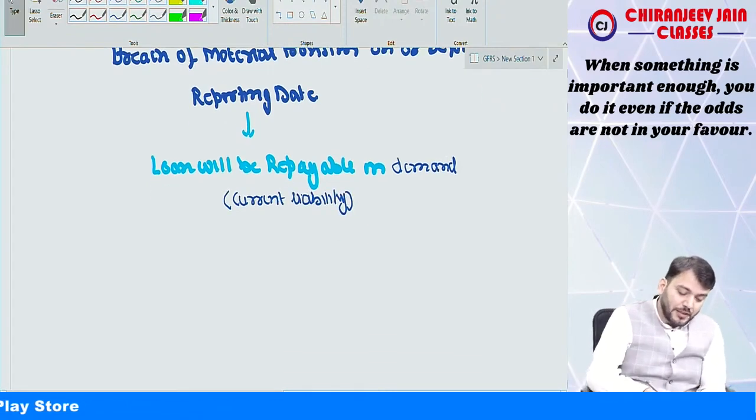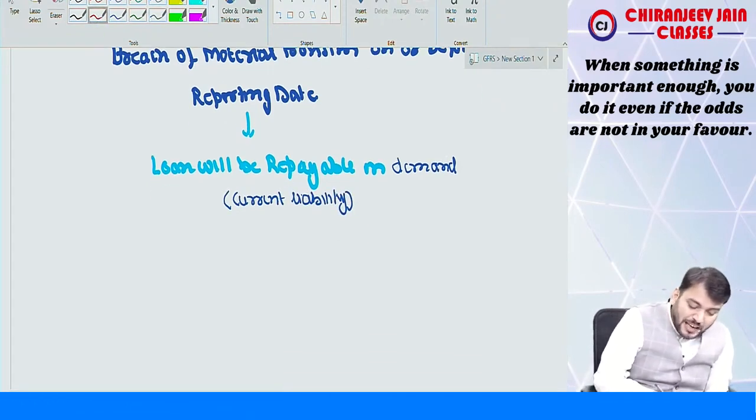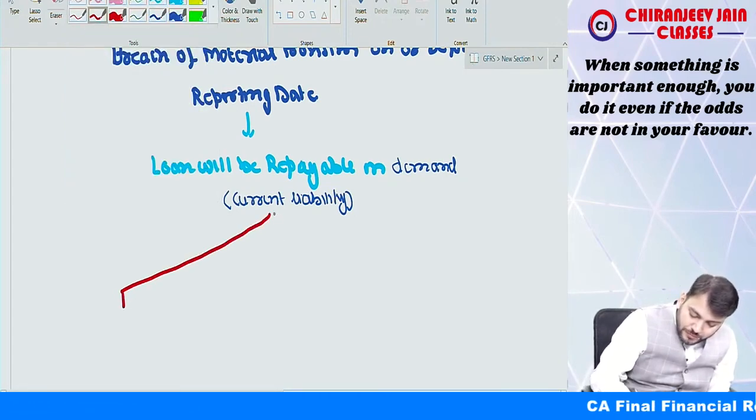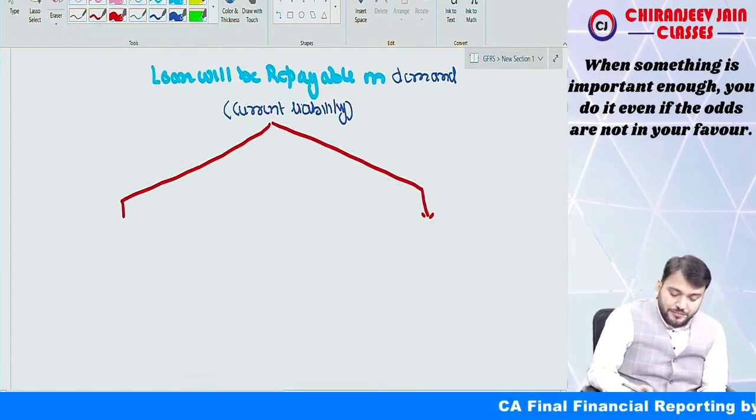Current liability. Understood? So there can be two situations in this case. Correct? What they said?